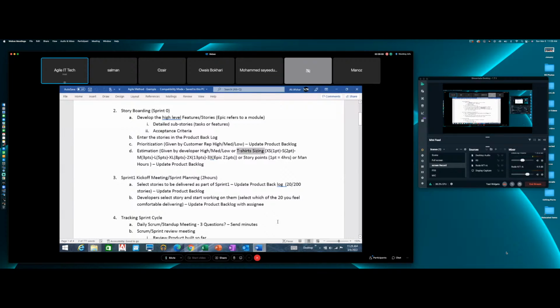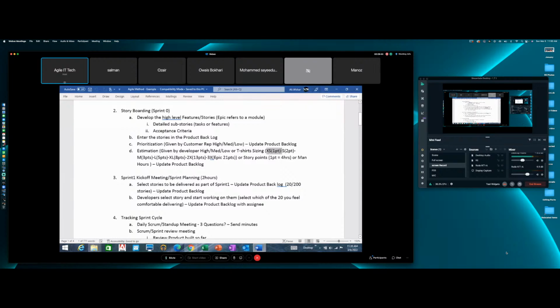T-shirt sizing. This is the most common way of estimating in Agile. All right. And how do t-shirt sizes work? You have an extra small, then you have a small, then a medium, then a large, then an extra large, then a double XL and a triple XL. Everybody clear? All right. What they do is they assign a pointing system to their size. For instance, they will say an extra small effort would gain the team 1 point.